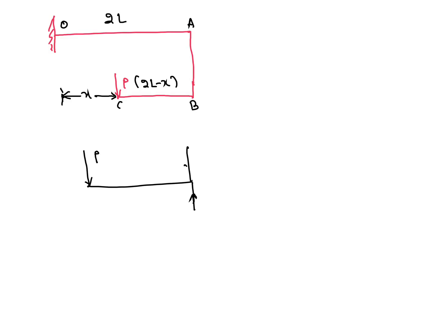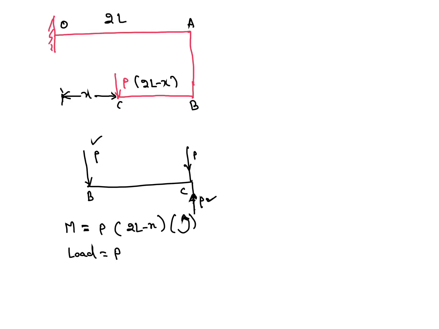Moment is M equal to P into distance 2L minus X, and the load is P. This is for BC. At C point, from this P load and this P load, you will get one anti-clockwise moment and one point load P.